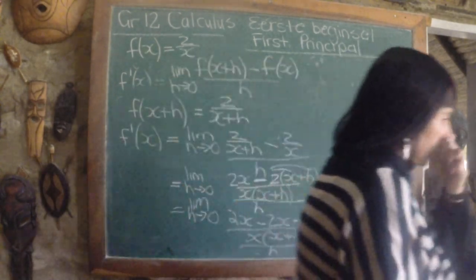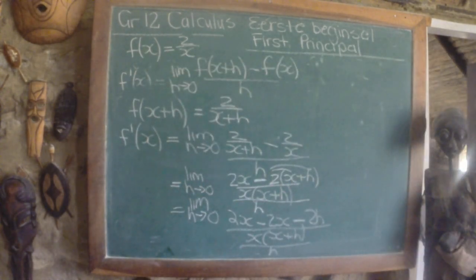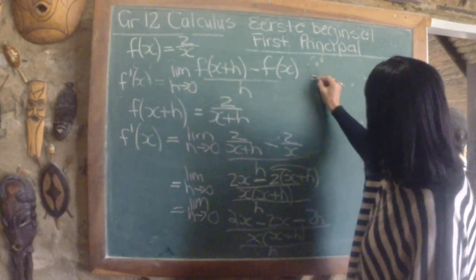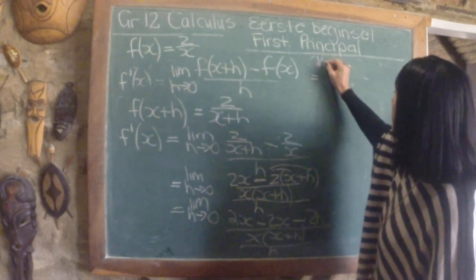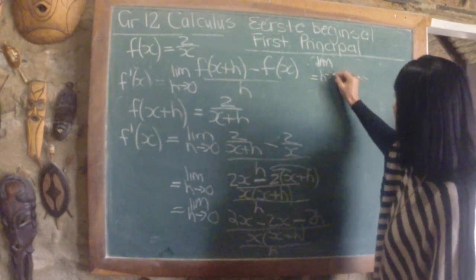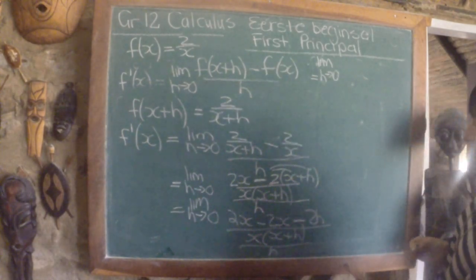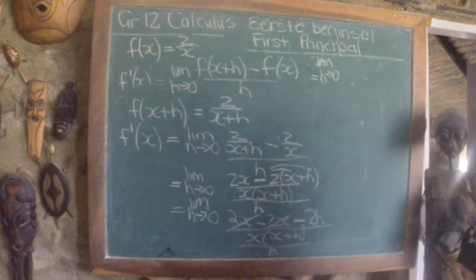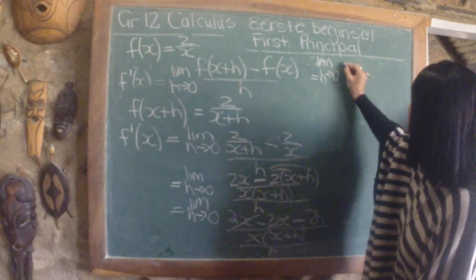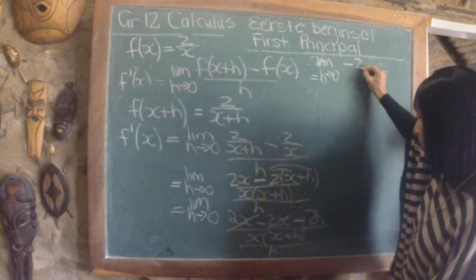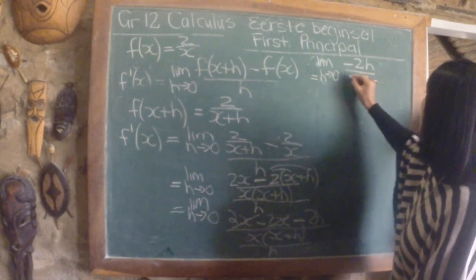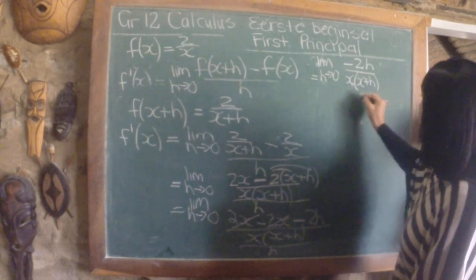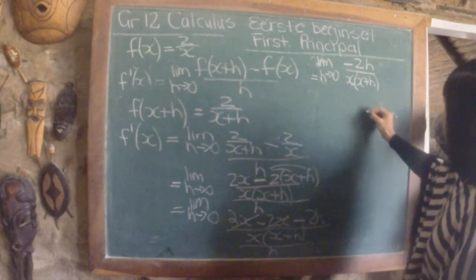Okay. Let's now go on this side. Again, rewrite the limit h striving to 0. Very important. Now, 2x minus 2x gives you 0. So what's left? I've got a minus 2h on x plus h and divided by h.